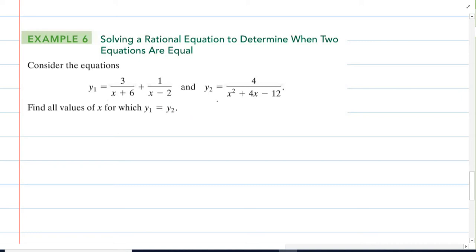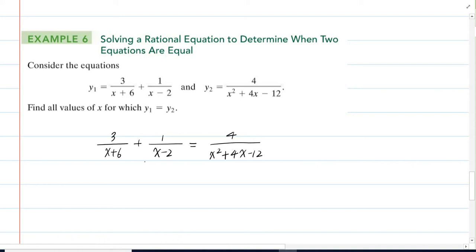It seems pretty complicated, but in this case, all you have to do is just set these two equations equal to each other. 3 over x plus 6 plus 1 over x minus 2, that's my y1, set it equal to 4 over x squared plus 4x minus 12, that's y2.